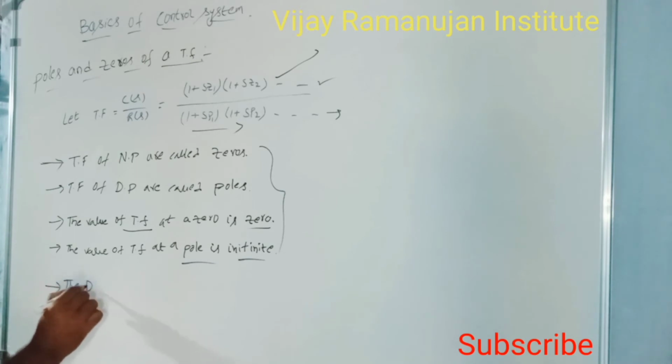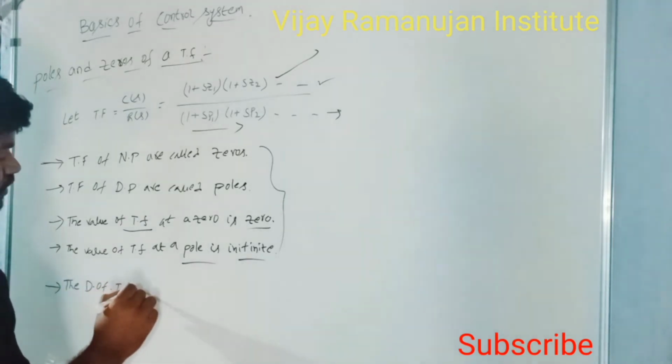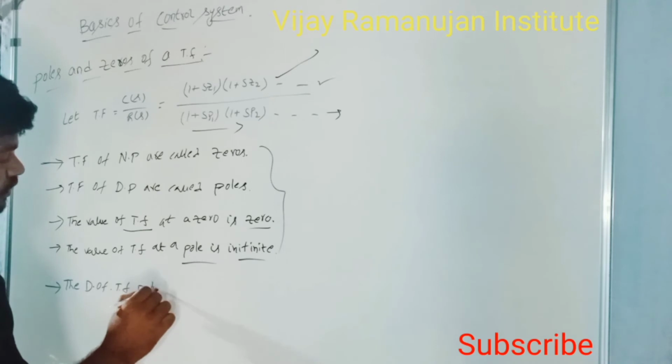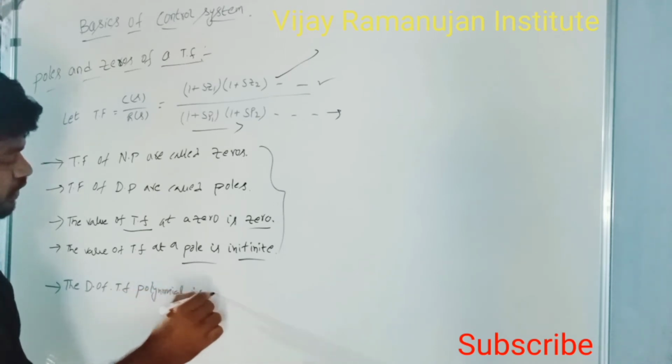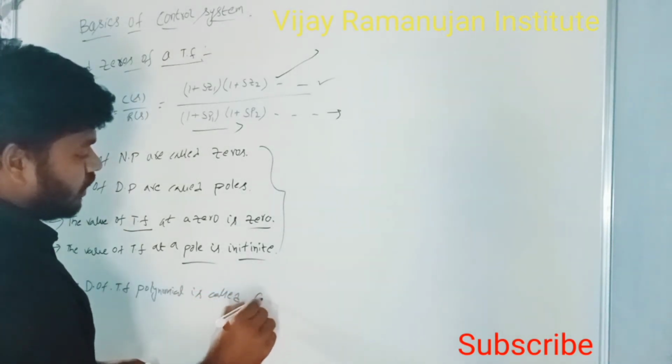And the next, the denominator polynomial of the transfer function is called the characteristic equation.